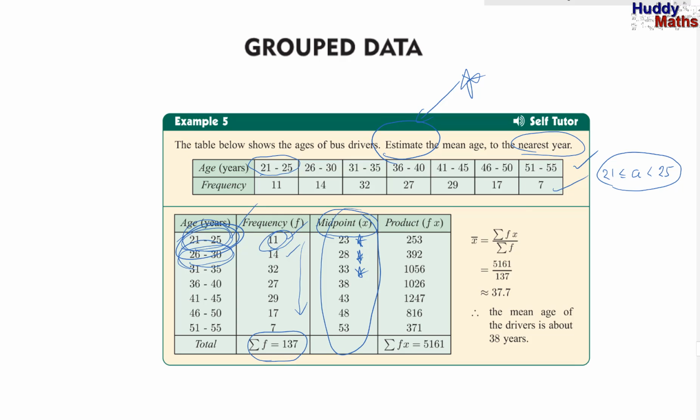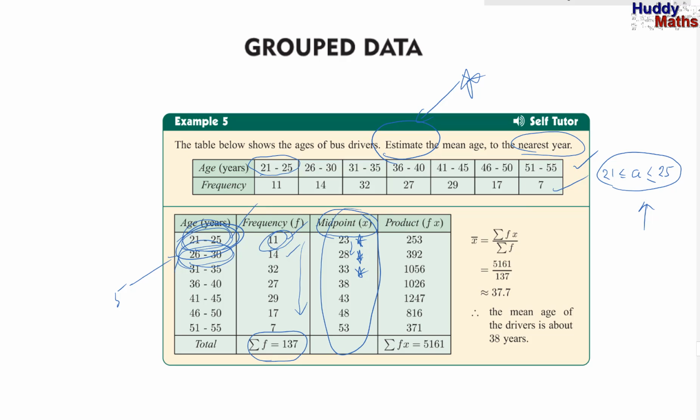So 26 plus 30 on 2 is 28, and they just go up by 5s because the length of the group is 5 here. 21 to 25 included is 5 scores. So really here, we're going to change this to go from 21 to 25 inclusive because the age has been rounded off to the nearest year.